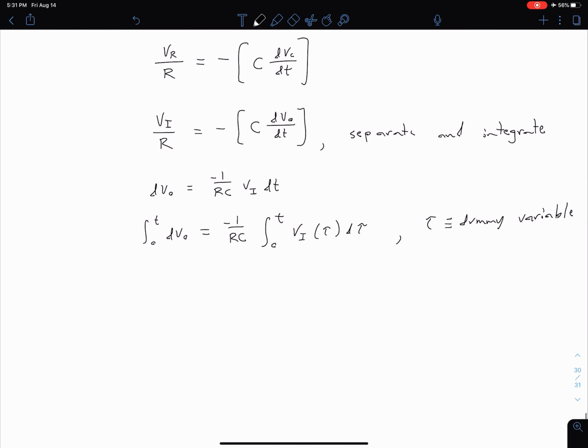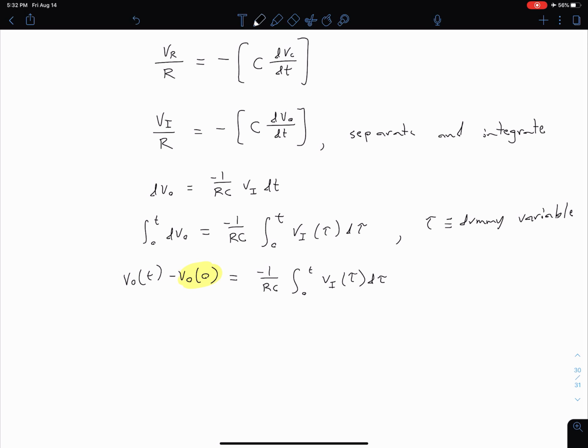So we do that integration. We get V out of t minus V out of 0 is equal to negative 1 over RC times the integral from 0 to t of VI of tau d tau. Typically we don't want to have to worry about this voltage at time 0.